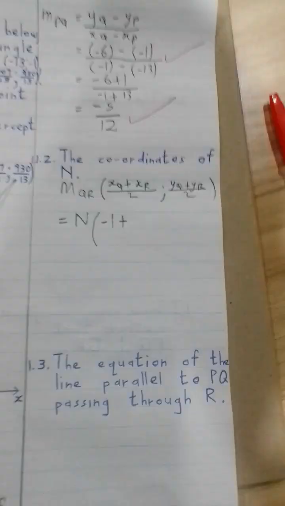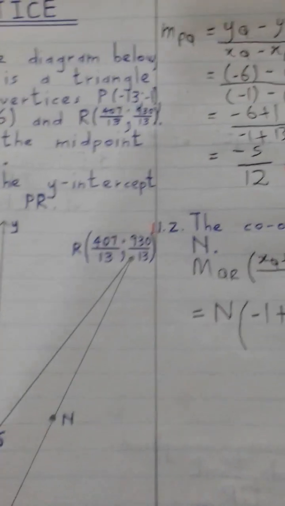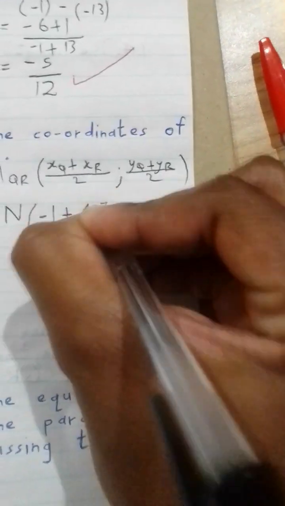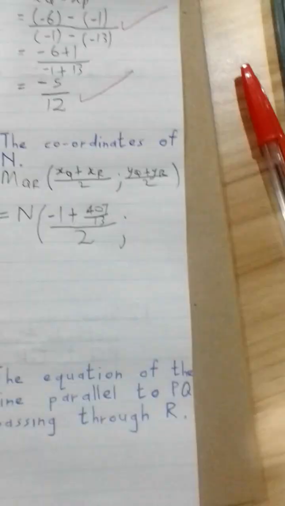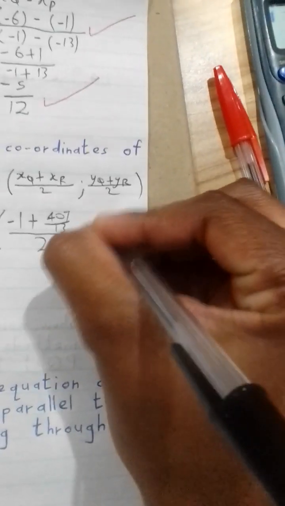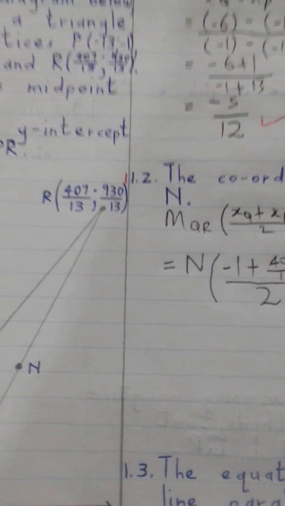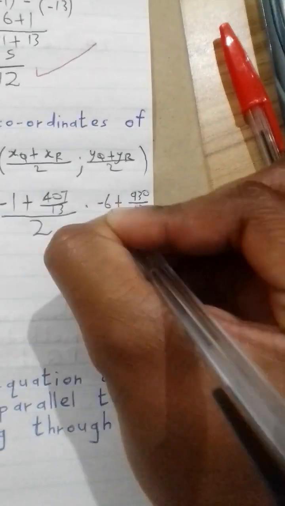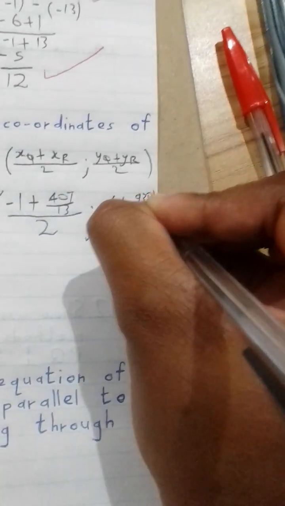Negative 1 plus, what is x of R? 407 over 13. So negative 1 plus 407 over 13 all over 2. And then what is y of Q? Negative 6. What is y of R? 930 over 13, all over 2. This is equal to N.